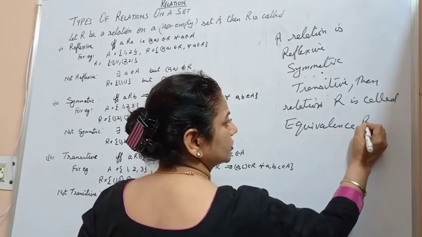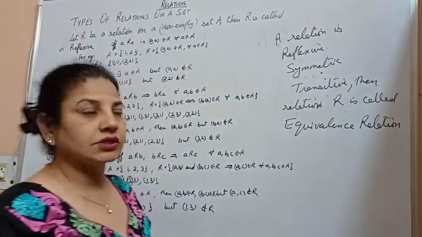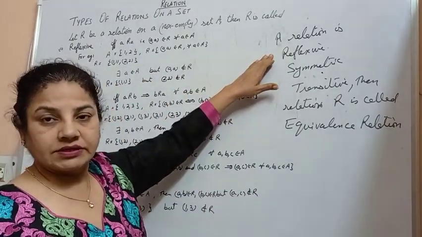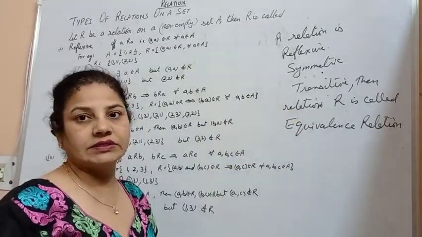Equivalence relation. Any relation which is reflexive, symmetric and transitive is called an equivalence relation.